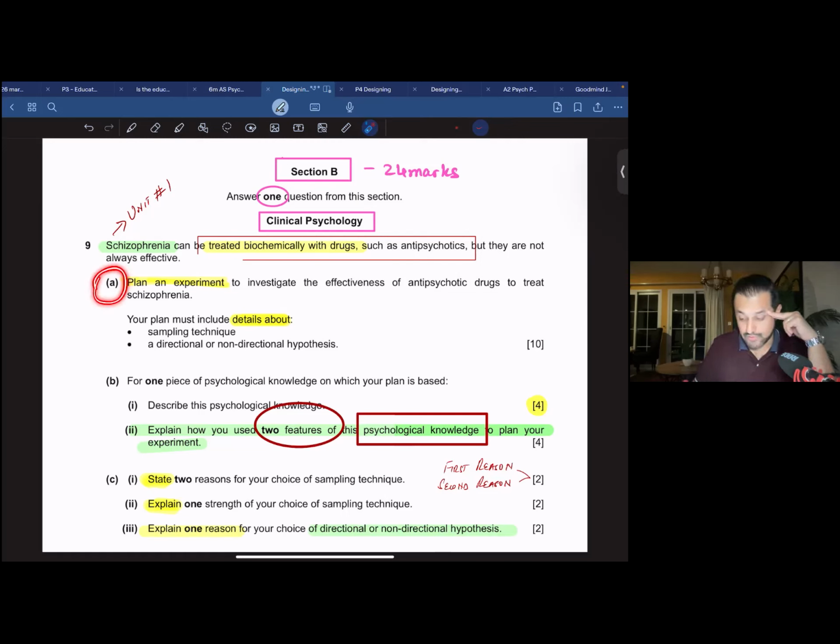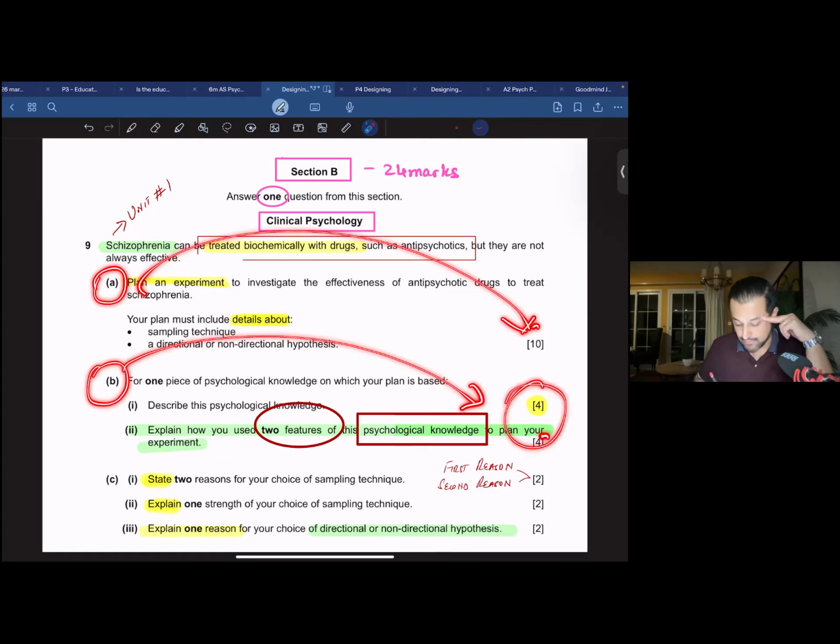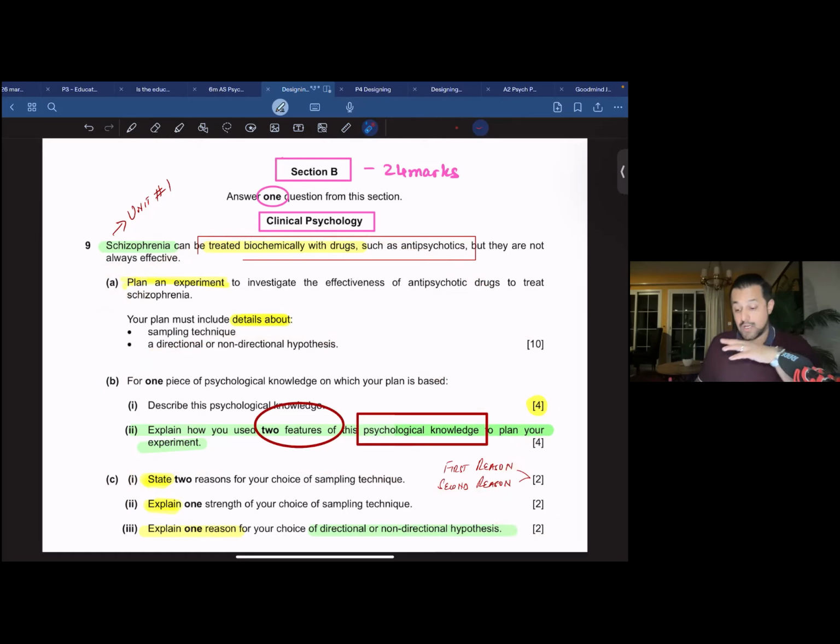Part A worth 10 marks, part B worth 8 marks, part C worth 6 marks, these being put together, right? Now, being acclimatized with the type of questions or sub questions you get, of course, gives you an upper edge.